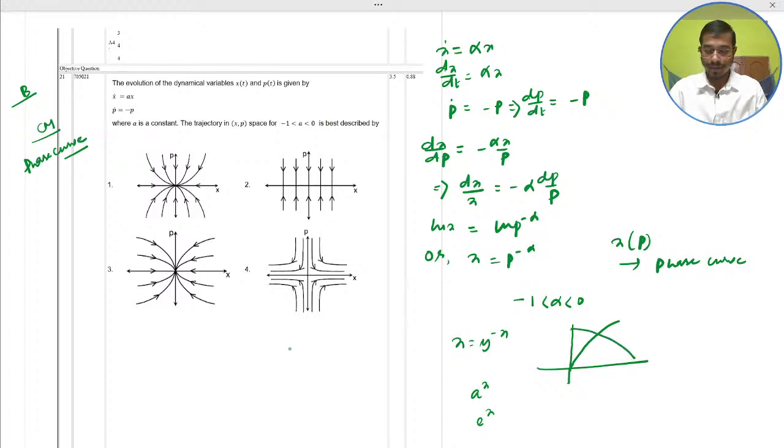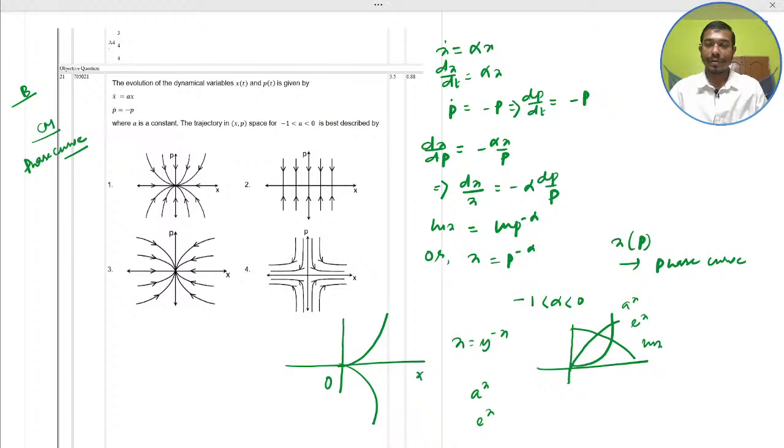So here the option would be option 1, because this one is converging. This is ln x and this is a to the power x. Three graphs here: e to the power x, this one the ln x, and this is the e to the power x. This graph, and the negative region, this would be this one.